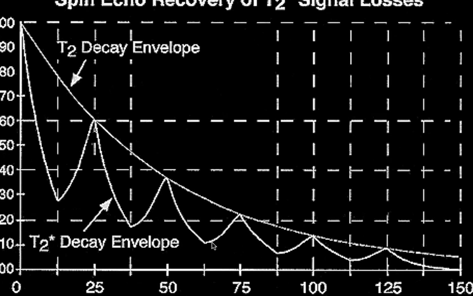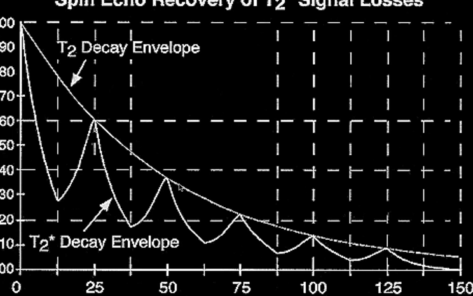You'll get a number of different echoes at different times, but they're all limited by the T2 decay. If you measure the strength of all of these echoes, you can go back and calculate the T2 decay envelope, which is e to the minus time over T2. So you can mathematically calculate the T2 time.